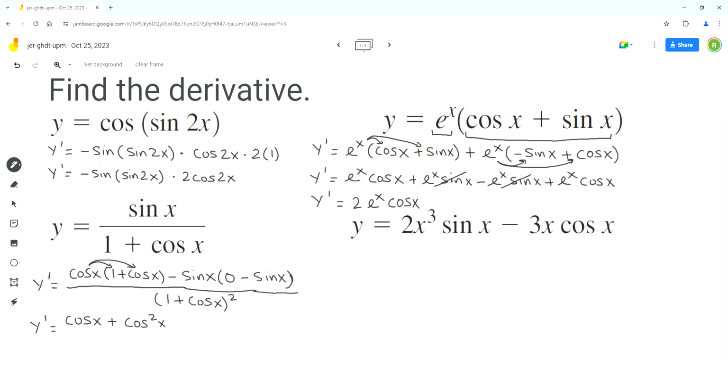And in the second part, 0 minus sine x is just negative sine x, and then negative sine x times negative sine x will become sine square x. Now we can use the Pythagorean identity in the numerator to change cos square x plus sine square x into 1.